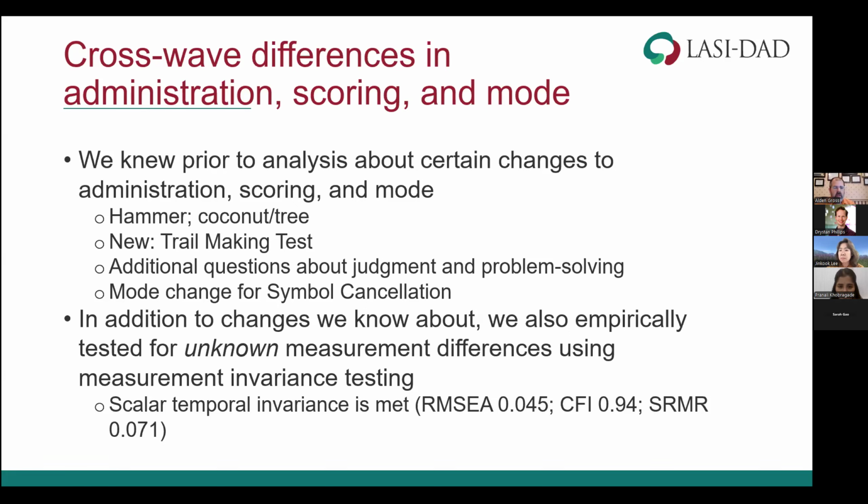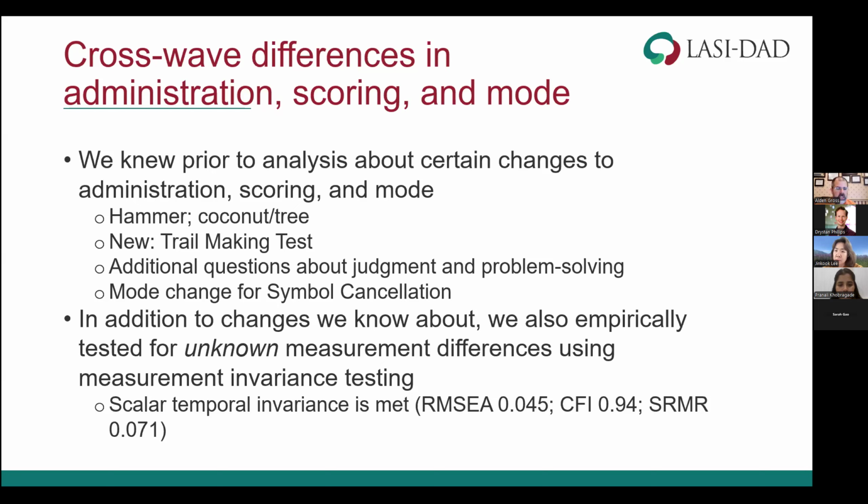We changed to what's a green leafy plant that has branches or something like that. We added a trail making test. There were additional questions, as mentioned previously, about judgments and problem solving. Additionally, we changed the symbol cancellation test from being a paper and pencil test to being administered on the computer. These are all potential differences that could lead to measurement differences that may confuse measurement differences with real differences in performance. And we want to be able to distinguish those things.